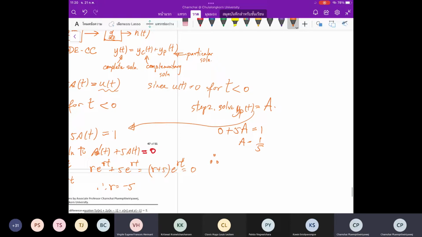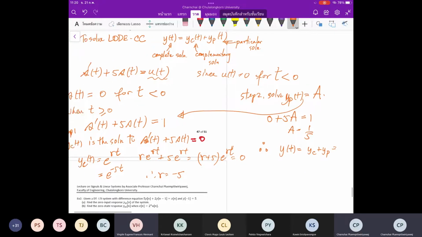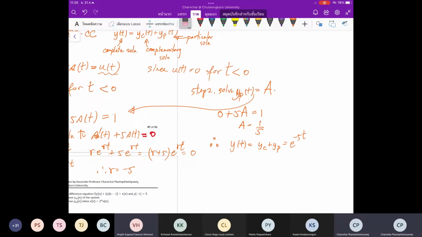Therefore, what do we have? We have y(t), which is the complete solution, going to be yc plus yp. yc is e to the negative 5t. Oh, but yc is not just e to the negative 5t. It can be any linear combination, so it's going to be a constant k times e to the negative 5t, and then plus 1 over 5.